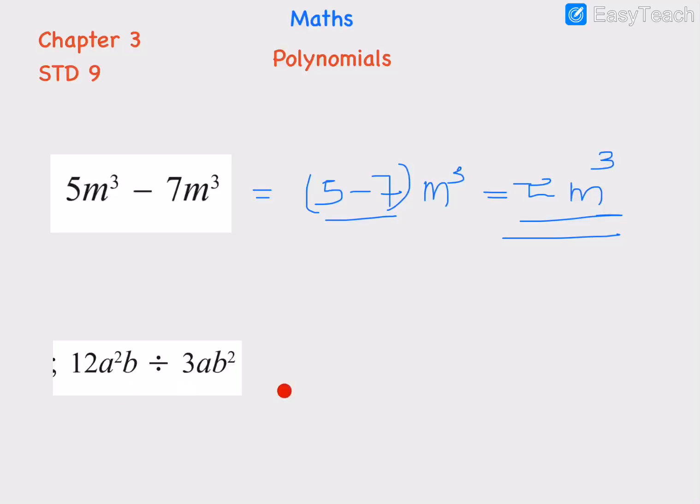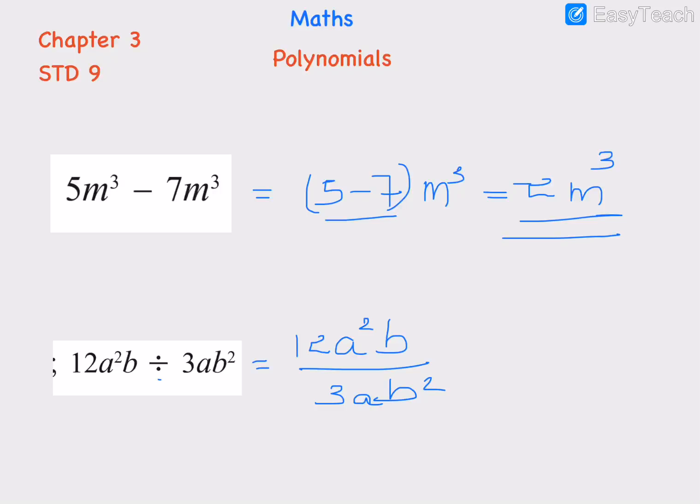Next we are going with the division of algebraic terms. How will we divide these? They are unlike terms. You can see 12a square b and 3ab square, a square b and ab square. So they are not like algebraic expressions, they are unlike algebraic expressions. How will we do their division? First of all we can write it as 12a square b divided by 3ab square.